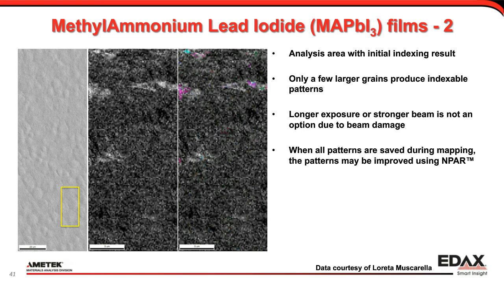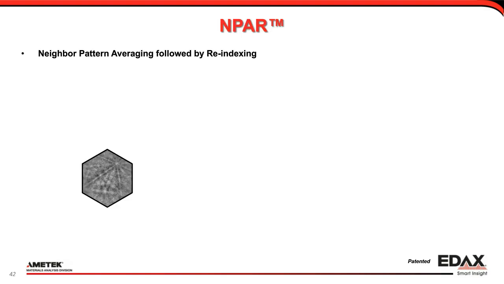Now, what we can do, when we save all the patterns during mapping, we can use the tool we call NPAR to improve the results. And I just want to introduce NPAR if you haven't seen it yet. NPAR is another acronym. It stands for Neighbor Pattern Averaging and Reindexing.